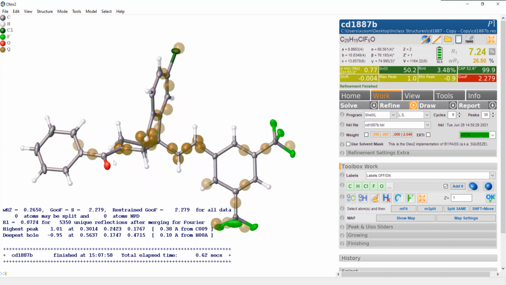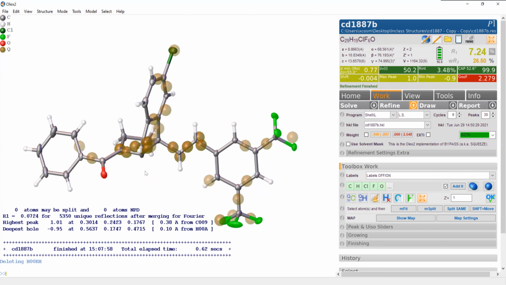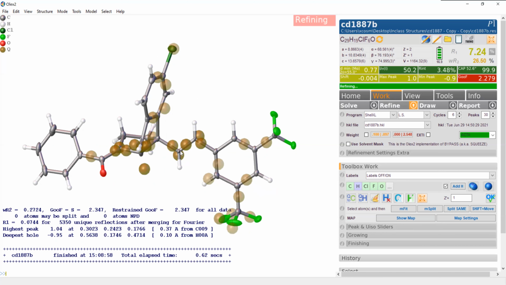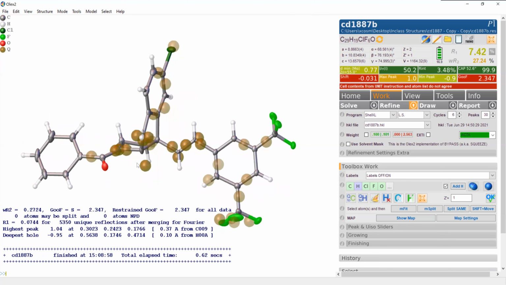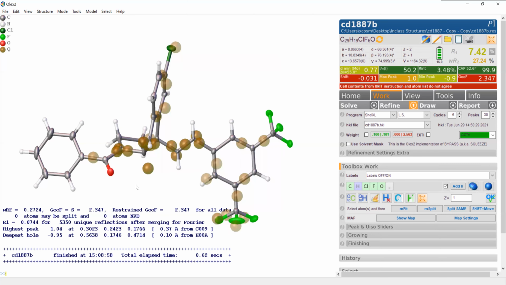And if you want me to show you, let's say the carbon next to it, let's delete the hydrogen and click refine. Notice here that there is a Q peak about, if you go to bang, it's about 0.978 angstroms.